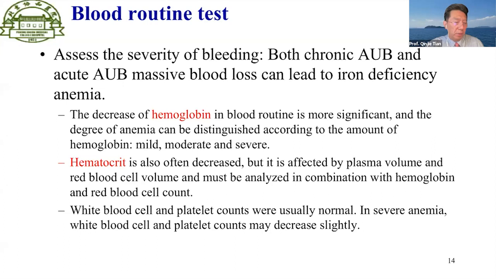The white blood cell and platelet counts typically remain within normal range. However, in case of severe anemia, there may be a slight decrease in white blood cell and platelet counts.